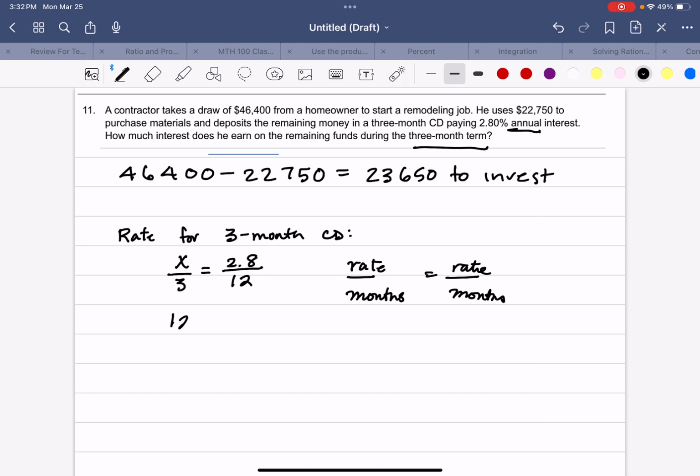So that's 12x, cross multiplying, equals 3 times 2.8 equals 8.4. Then I'll divide by 12. So 8.4 divided by 12 is 0.7%.